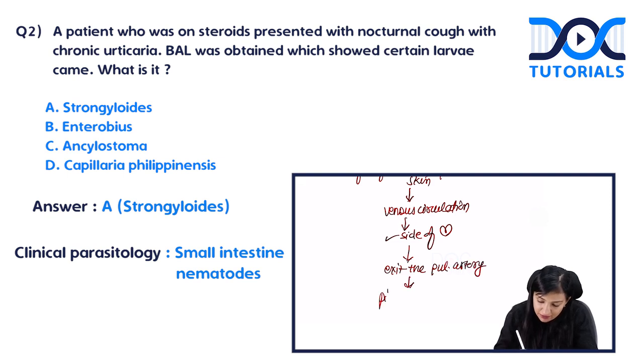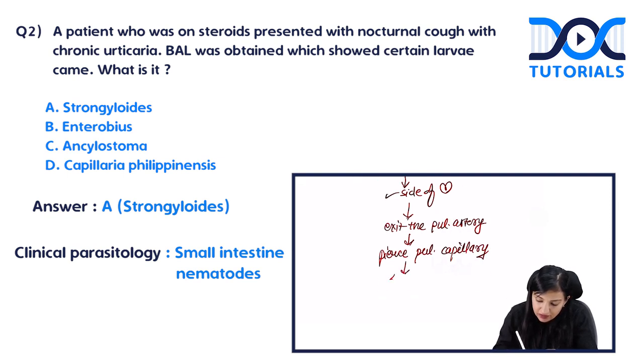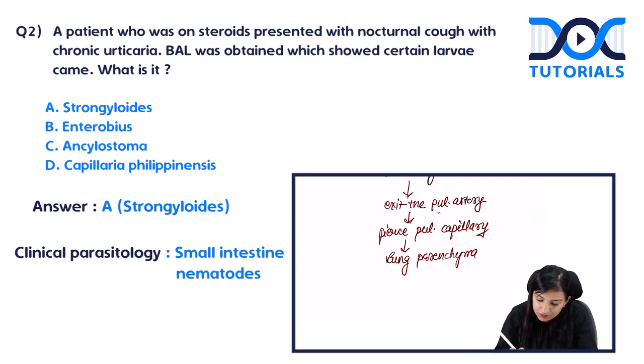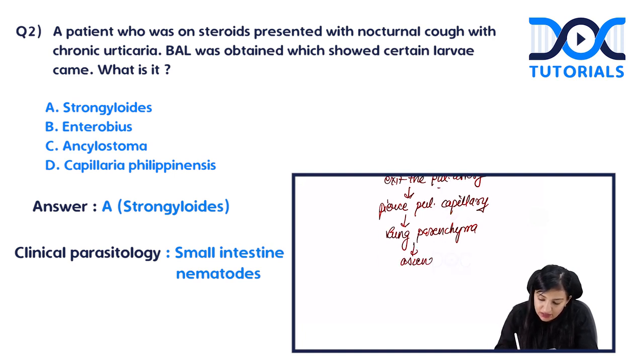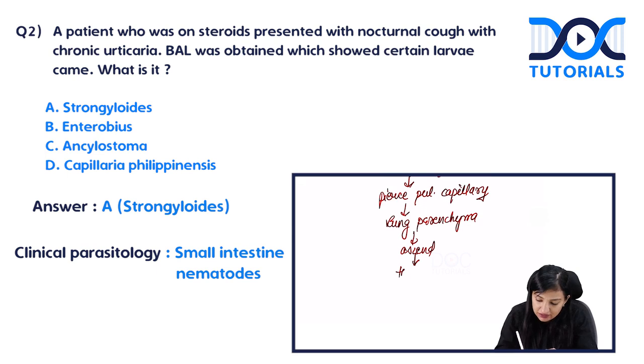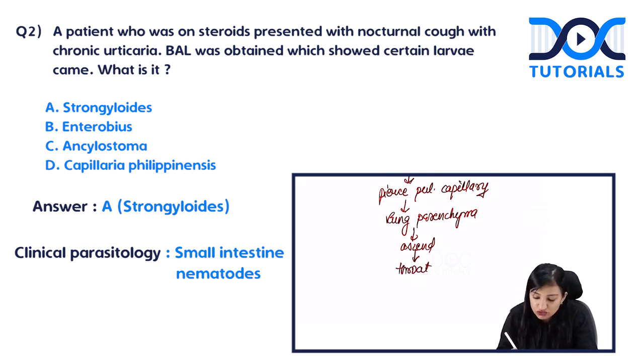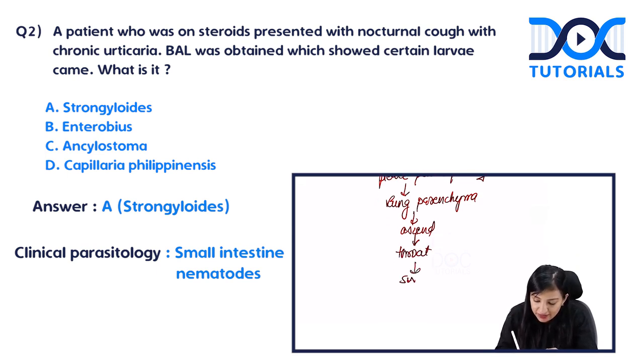It will then pierce the pulmonary capillary and gain access to the lung parenchyma. Then it is going to ascend up the lungs and reach the throat. Then it is going to be swallowed and it reaches the SI, that is small intestine.